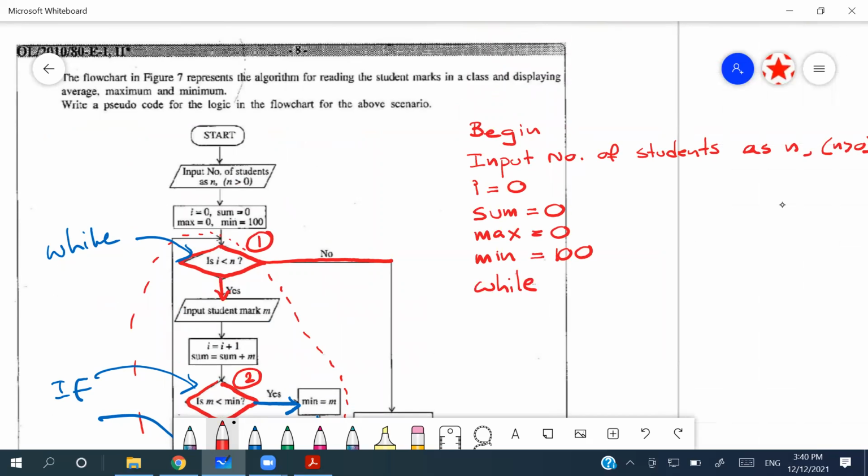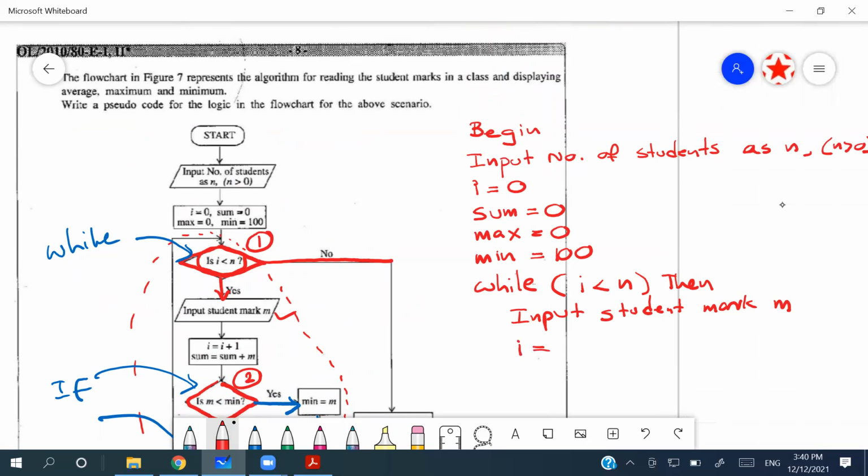So we can take this condition as it is: while i less than n. Then you are asking for a student mark, right? So you can write this: input student mark m.